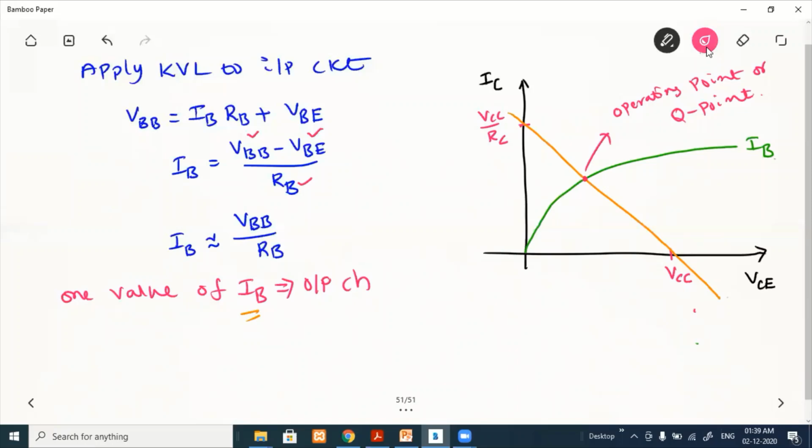At this point, the corresponding VCE value and IC value give the operating point, the Q point. Q point is simply the values of VCE and IC. So likewise, we can find the operating point. No doubt the operating point must lie on the DC load line only.